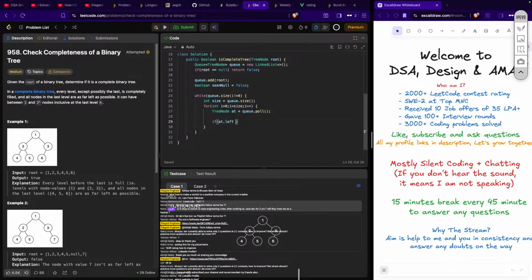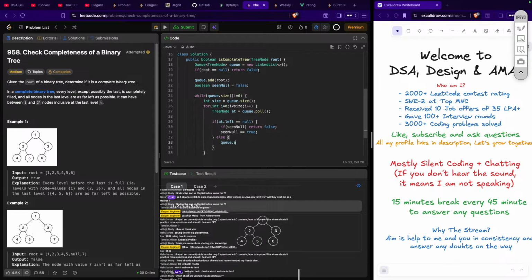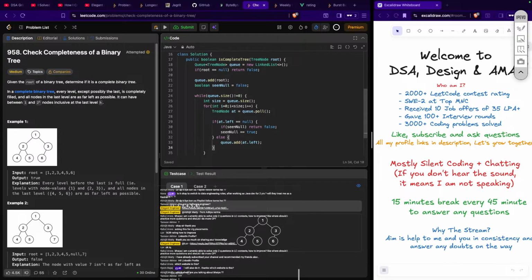If at dot left is equal to null, so if seen null, return false, otherwise you make seen null equal to true. Else q dot add at dot left.